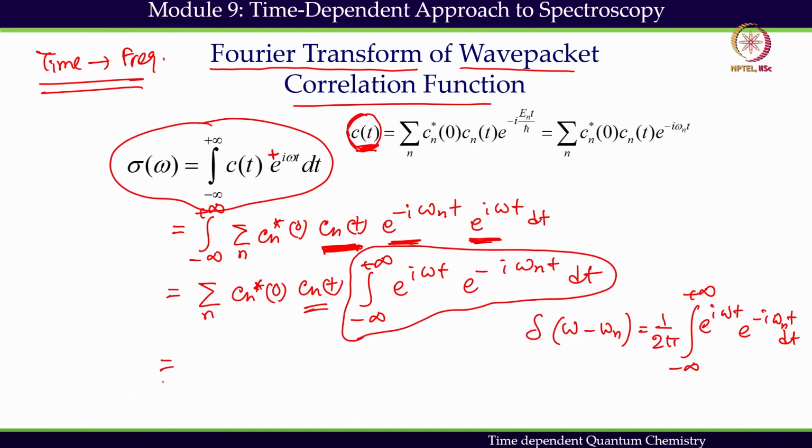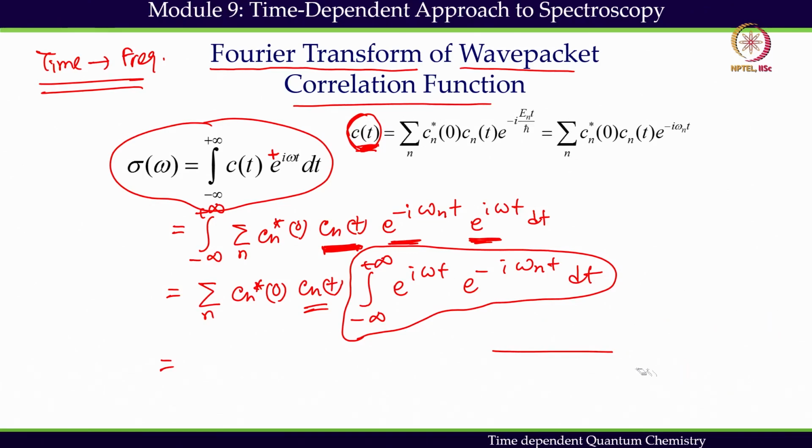How are we going to write it down? If it is a delta function, then the integration gives 2 pi, so this integration is nothing but 2 pi delta function, and that's exactly what we are going to insert here. So we can write it in terms of delta function.